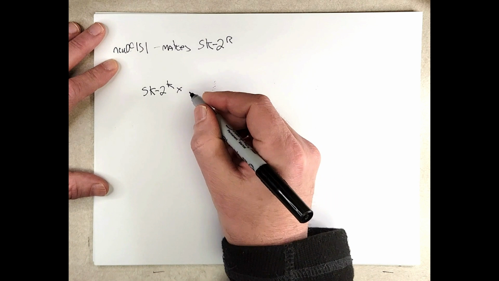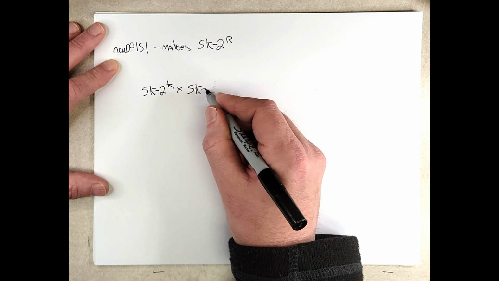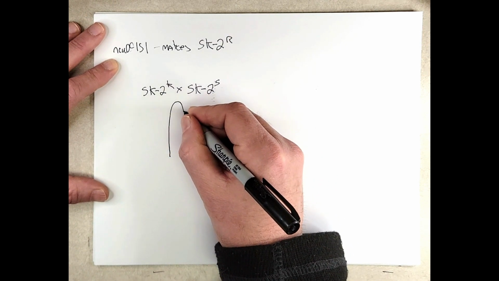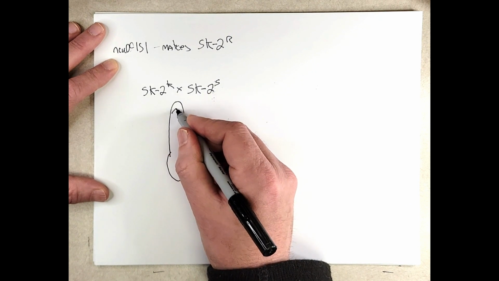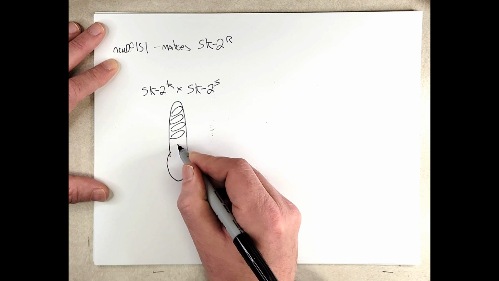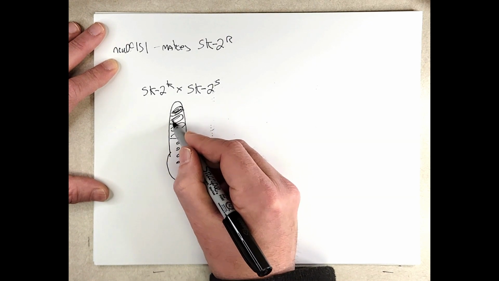Okay, so let's take a closer look at that with a diagram. So SK2K crossed to SK2S. Now we should know the phenotype we're going to see in each ascus from this cross. We're going to see 4 black ascospores and 4 dead white ascospores.